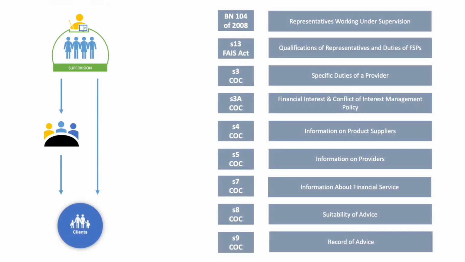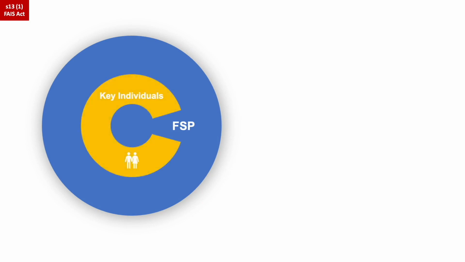Next, we are going to recap on Section 13 of the FAIS Act, which deals with the qualifications of representatives and duties of FSPs. Here we have an FSP that is made up of key individuals who are effectively in charge of and oversee the FSP, and then you have the representatives. The representatives provide and give the financial advice and/or render intermediary services to the clients.